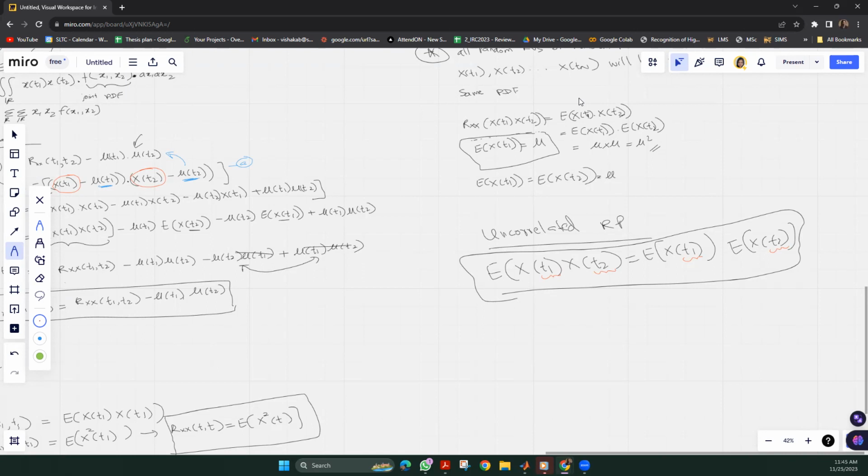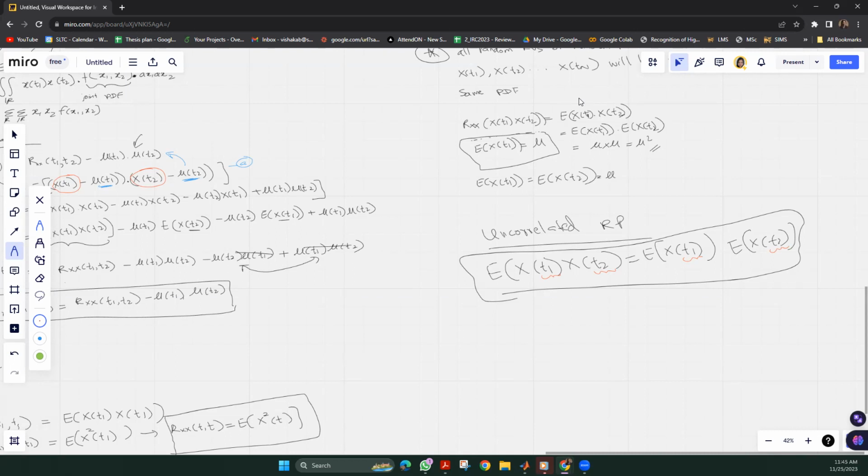Similarly, for the random processes, the expectation of the product of xt1 and xt2 should equal the product of the expectations of xt1 and xt2. This is the condition for showing that a certain random process is uncorrelated.